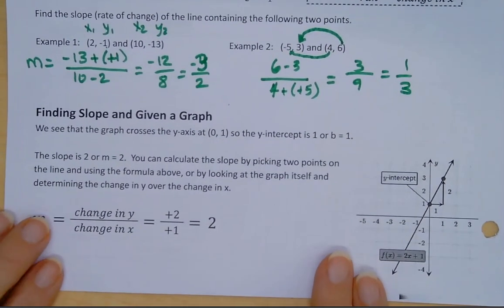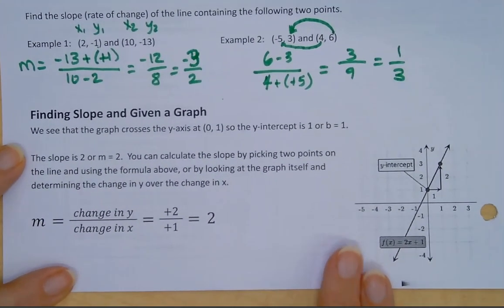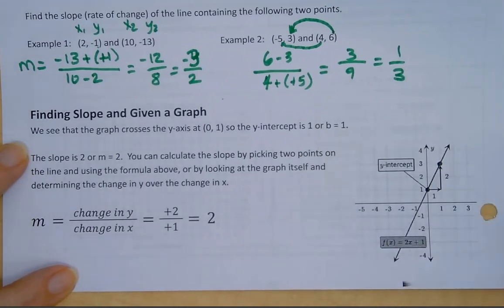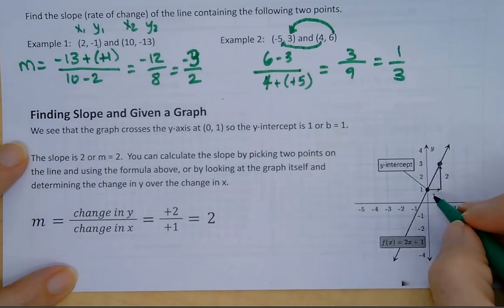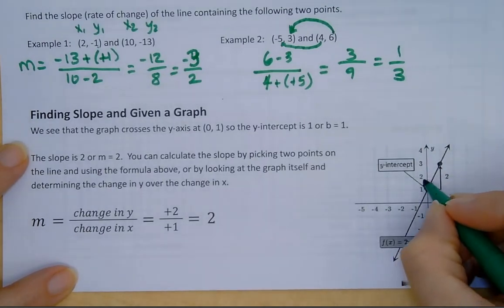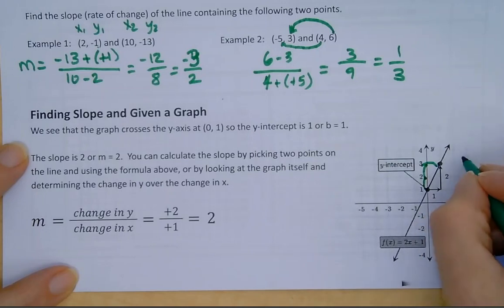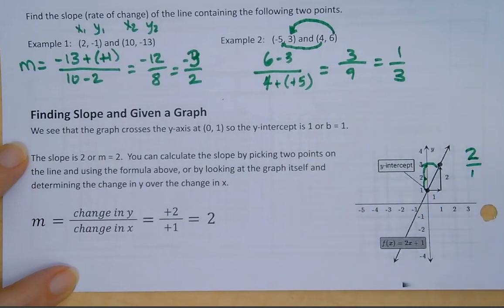When we look at a graph to find the slope, we are finding the change in y over the change in x. If this is my first point and that's my second point, the change in height is going to be whomp, whomp. I had to go up 2 to get to the same level as my second dot, and then over 1. So I had to go up 2 and over 1, which I can simplify as just 2.